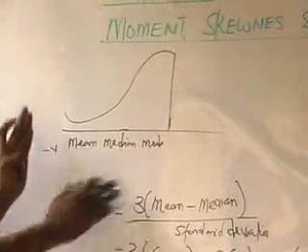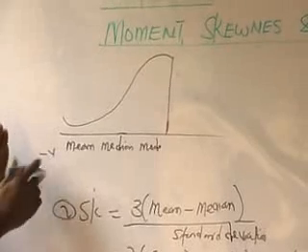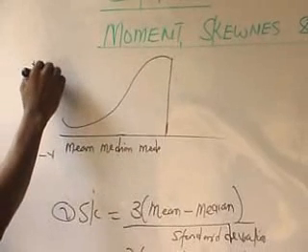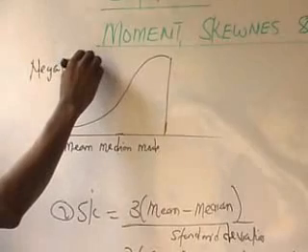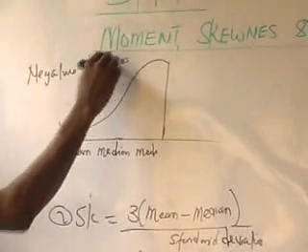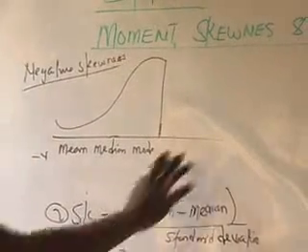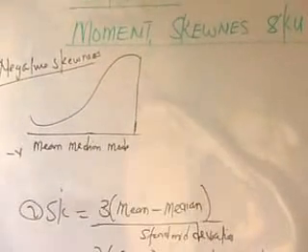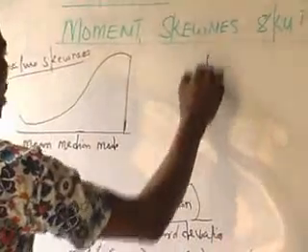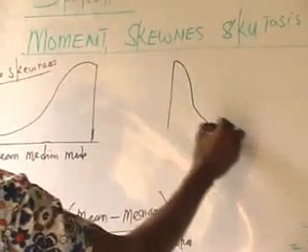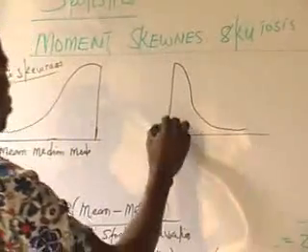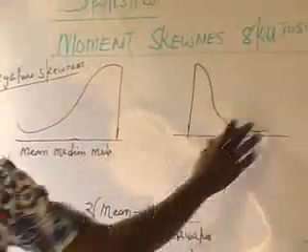Whenever it is negatively skewed, this is the graph. This is negative skewness. Then if it is positive, are we together? Our positive skewness will be like this. So these are positive skewness.